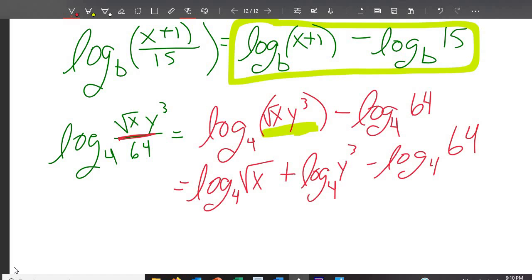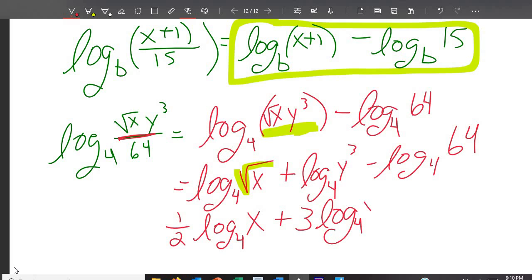Now, I'm going to simplify and do exponents. Okay, I just did this one a minute ago. That's an exponent of 1/2, right? So we're going to have 1/2 in front of that. We're going to have 3 in front of this one.